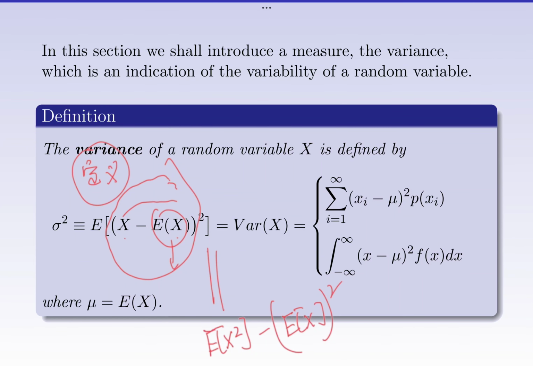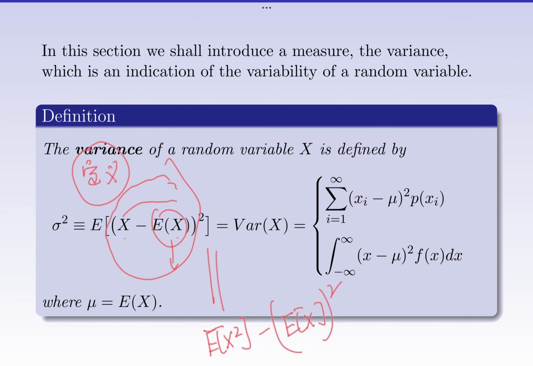What is the meaning of variance? It measures the variability of a random variable. It is just sigma squared, equal to E of (X minus mu) squared. On this definition, we should remember that it is also E of X squared minus mu squared.